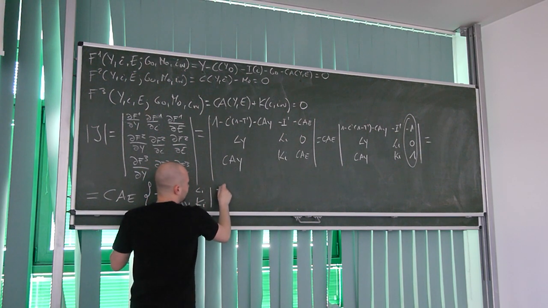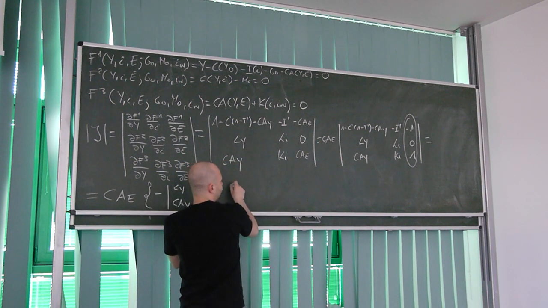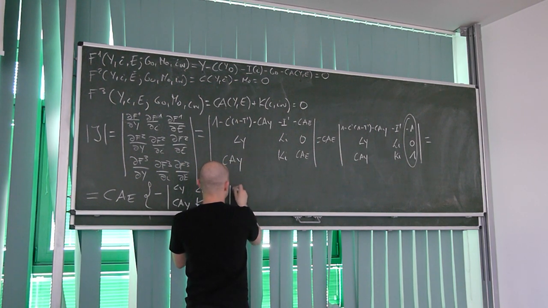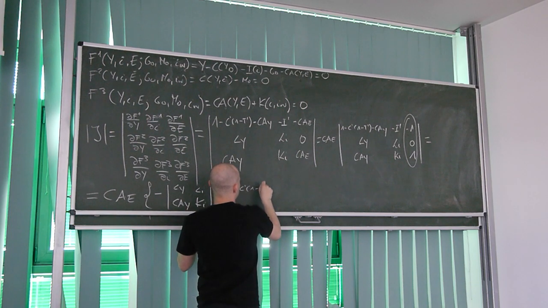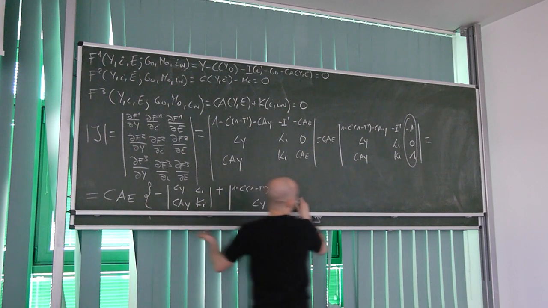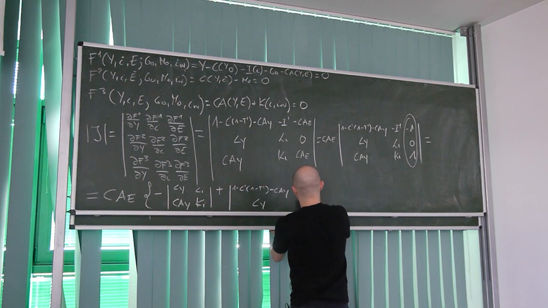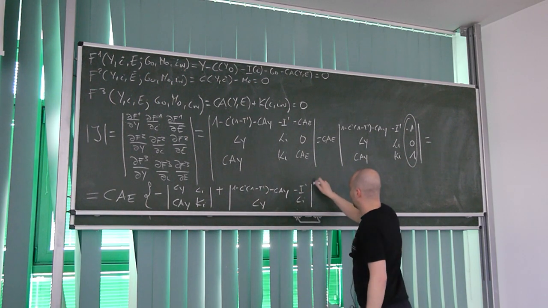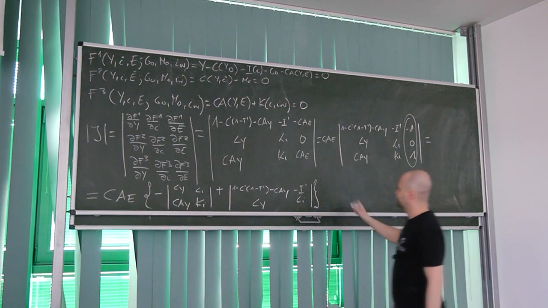And then for the last element, for 1, I'm just having 1 minus C prime, 1 minus T prime, minus CAY, LY, minus I prime, LI. Okay, I'm closing the brackets.